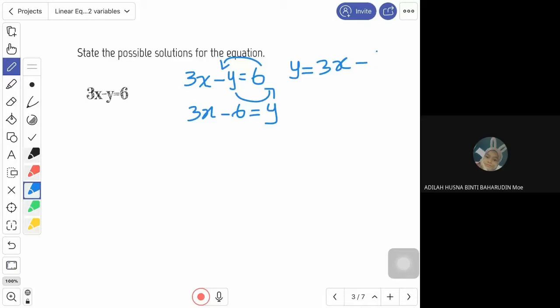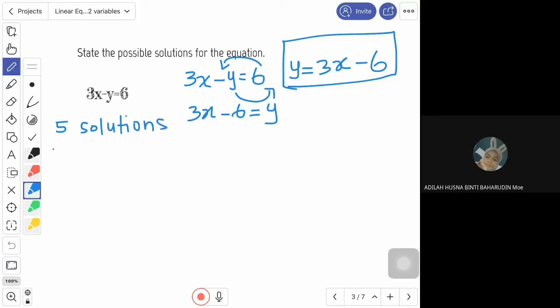Bila kita ada dalam bentuk macam ni, senang untuk kita kira nilai y. So if you are required to give let's say 5 solutions, okay, we want to find 5 solutions. So we can do like this.